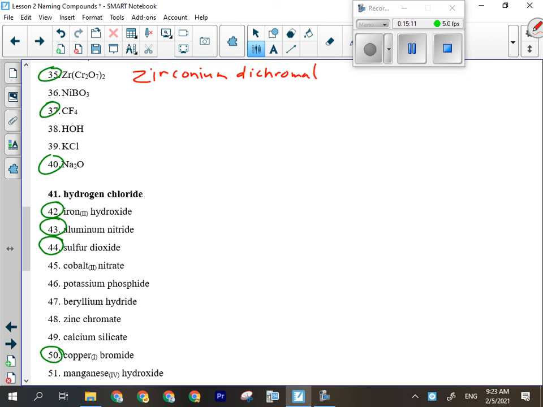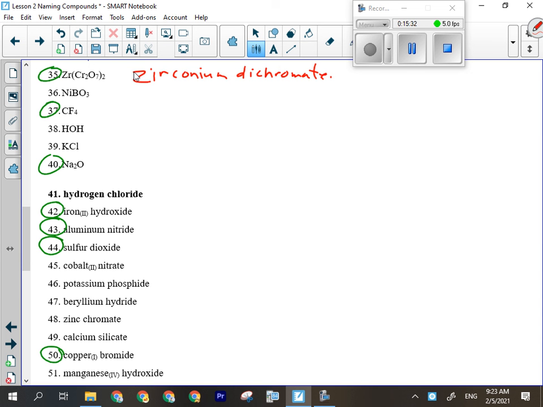This one's kind of weird sometimes for people because they see a prefix in this even though it's an ionic compound, and that's okay. The prefix is part of the name of that polyatomic ion, and we don't change the name. So this is one of those rare cases where there's actually a prefix in an ionic compound, but it's because that polyatomic ion has one in its name.